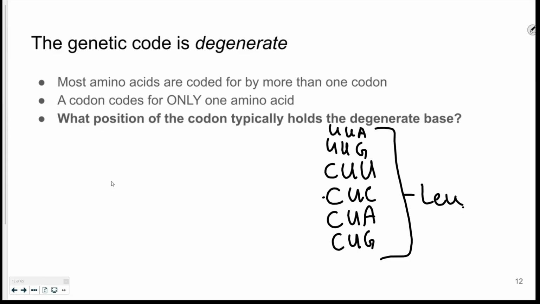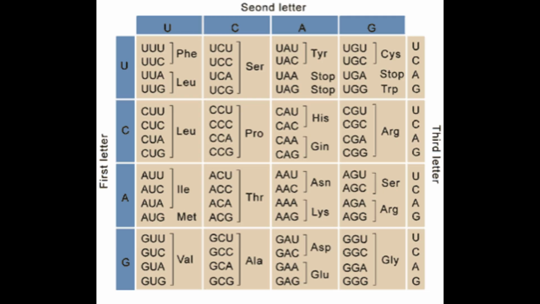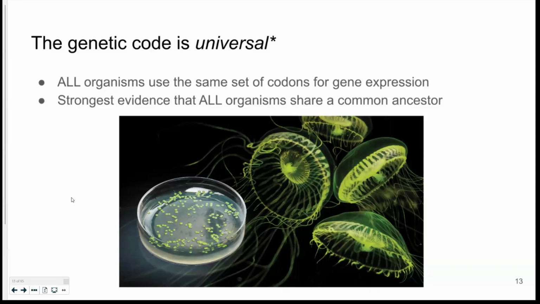CUC is only going to call for leucine. Based on your observations of that codon chart, what you'll probably see is that in most cases, the last position, the 3rd position, is where the degenerate base is. It's also called the wobble position.